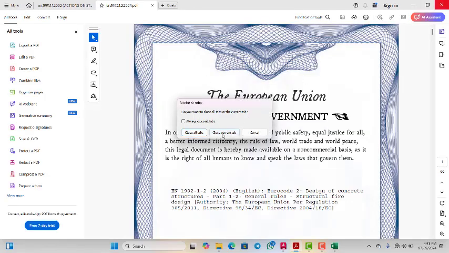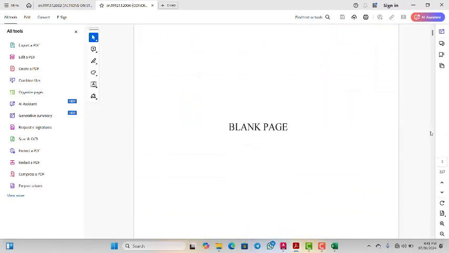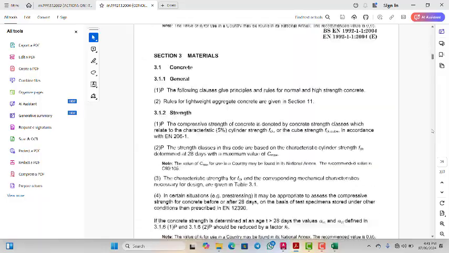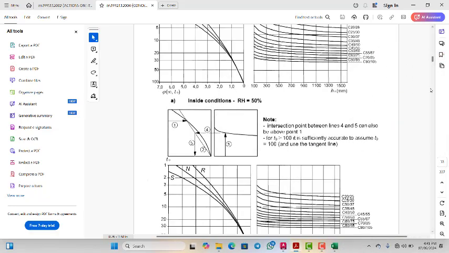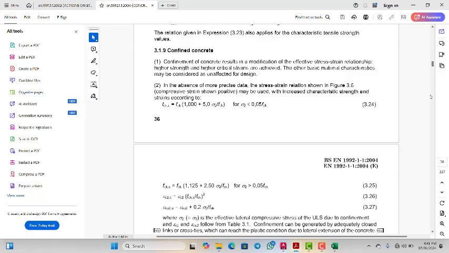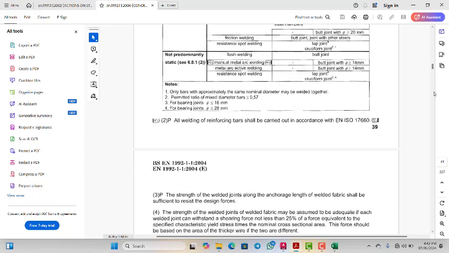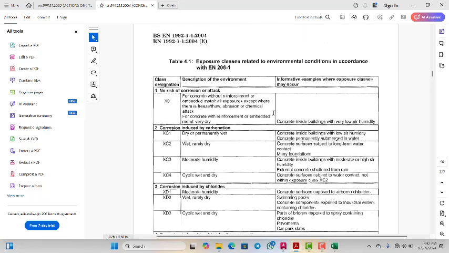This is Eurocode 2 part 1, Table 4.1. Okay, so here we have table 4.1, exposure classes related to environmental conditions in accordance with EN 206 part 1.